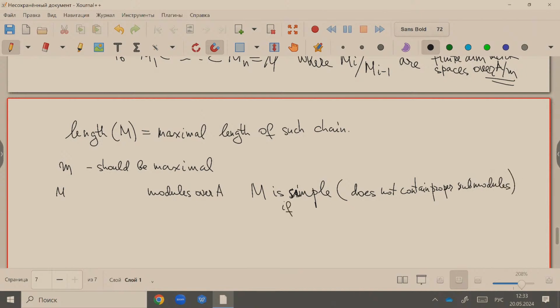If M is isomorphic to A mod M, where M is maximal. Yeah, so otherwise you can do further homomorphism and this will give you some module of M. So, and actually this associated prime decomposition is somehow the way to generalize this decomposition into simple modules, you know, because you see that A modulo a prime ideal is not simple.